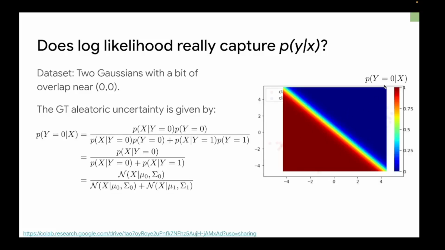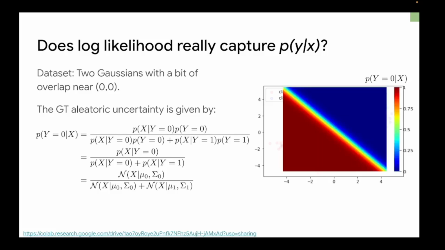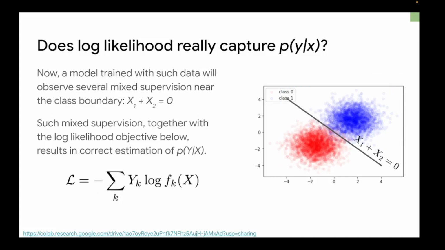This is only encoding the probability for y equals 0 everywhere. So of course it's higher here and it's lower here. The question is, if you train with this kind of data, are we going to recover this kind of prediction for every x in the space? We train a model with the log likelihood loss, the log scoring rule.